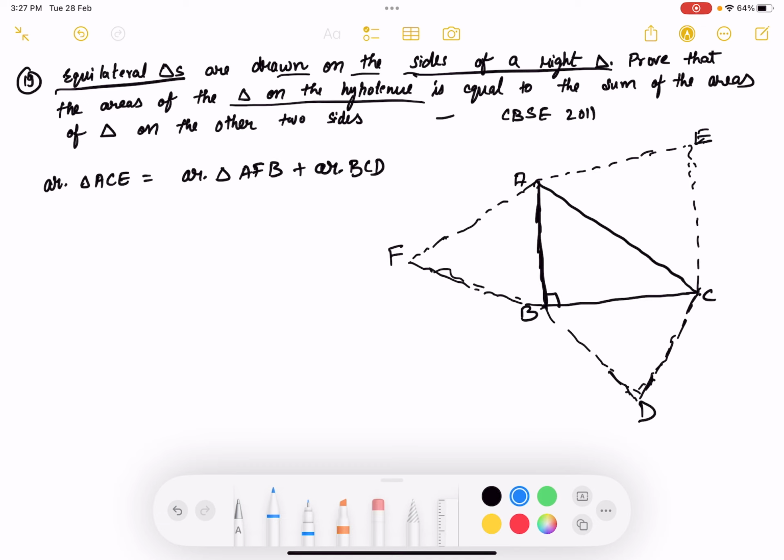This triangle plus this triangle is equal to this triangle. This we have to prove.